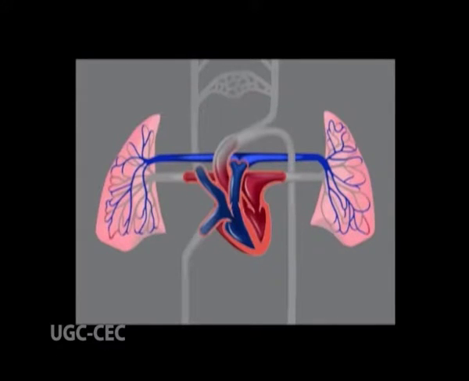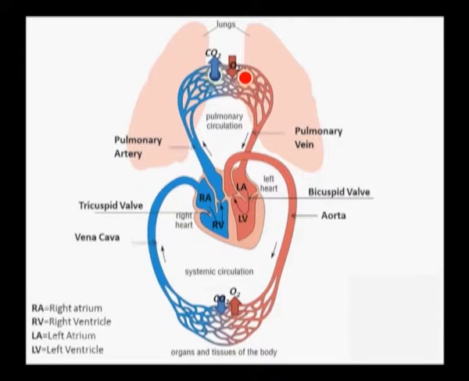In the lungs, the blood travels through capillary beds on the alveoli where respiration occurs, exchanging carbon dioxide for oxygen into the blood. The oxygenated blood then leaves the lungs through pulmonary veins and returns to the left atrium, completing the pulmonary circuit.